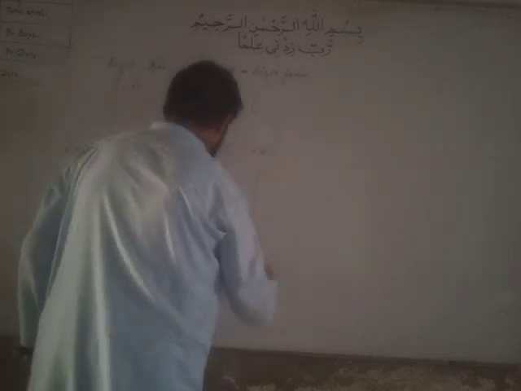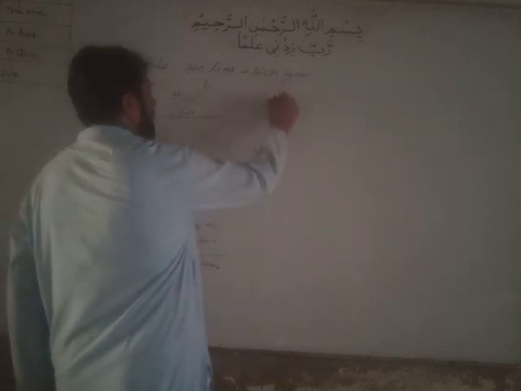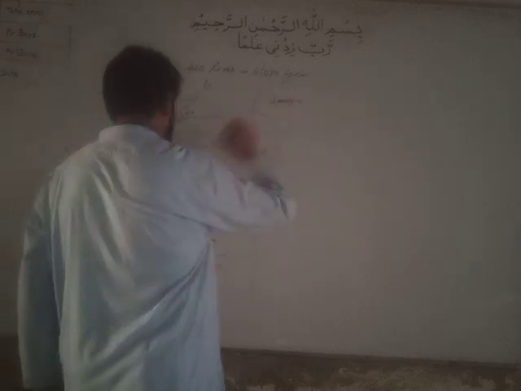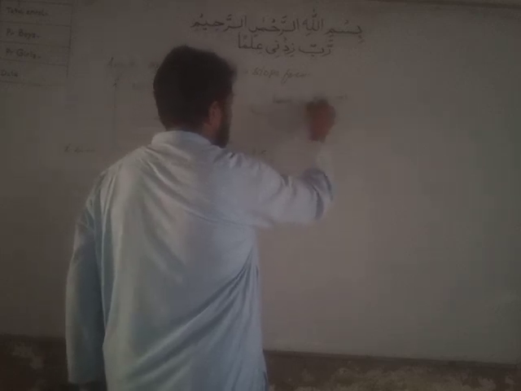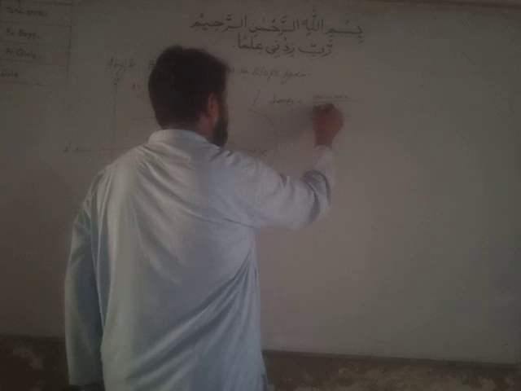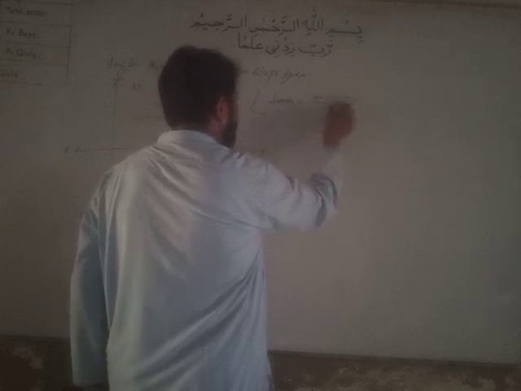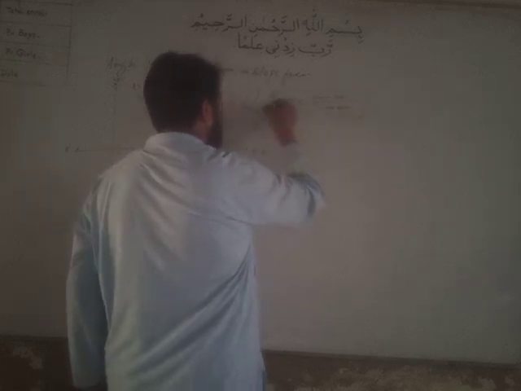We can say tan alpha is equal to m1, so tan theta is equal to m1 minus m2 upon 1 plus m1 and m2. So this is the angle theta between two lines.